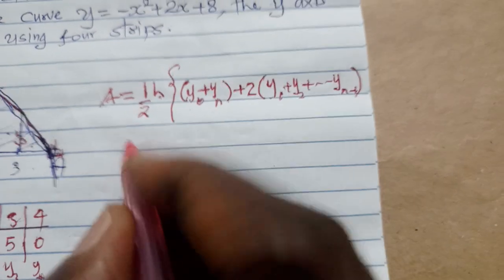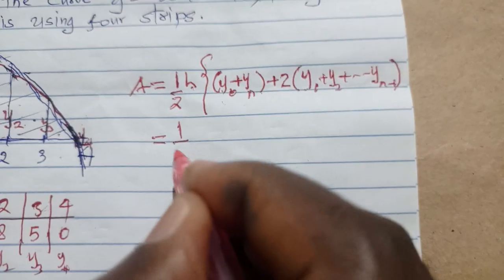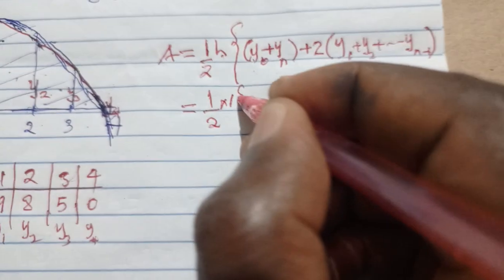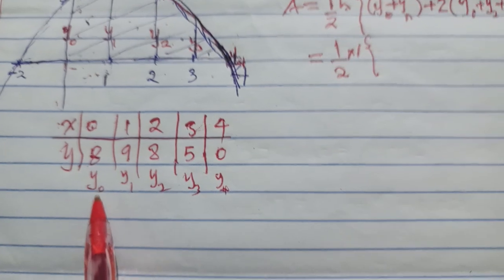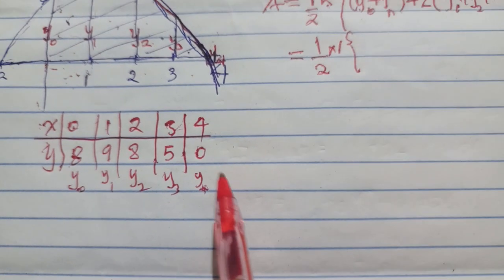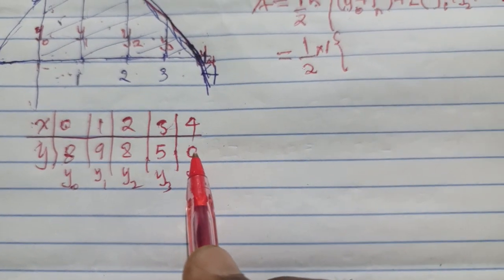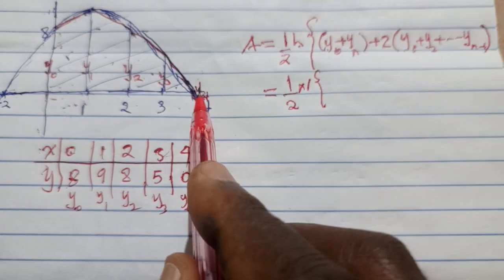Okay, so like in our case here, to find the area we'll have a half h. Our h is 1. You can see the trapezia, the width is 1, each trapezium. So times 1 into y naught plus yn. Our y naught is 8, and our n is 4 here, so yn is 4, the last y on this other end.